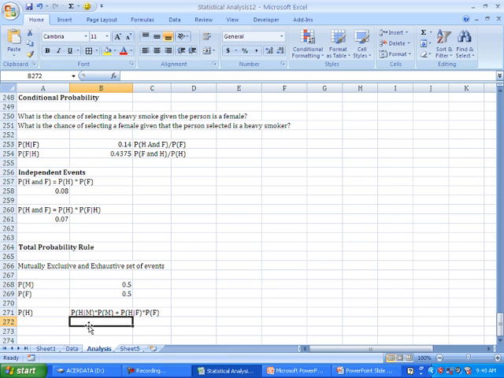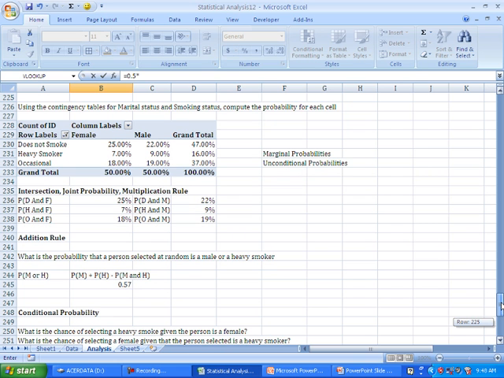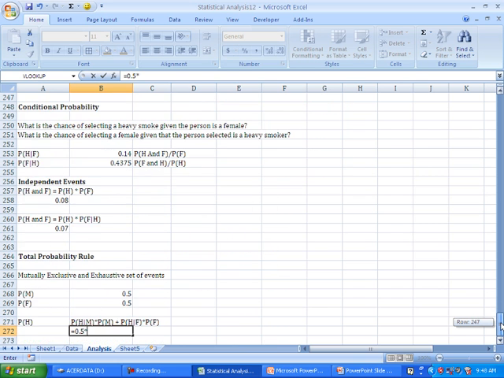So here, the probability of males is 0.5 multiplied by the probability of H given male. Out of the males, 9 out of 50 are smokers, which is 0.18, 18% of the males are smokers, plus the probability of H given F, which we have already found out as 0.14, multiplied by the probability of F, which is again 50%.